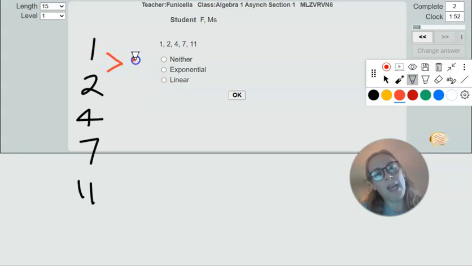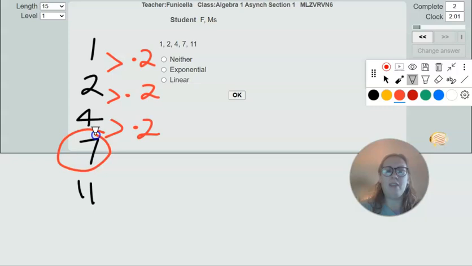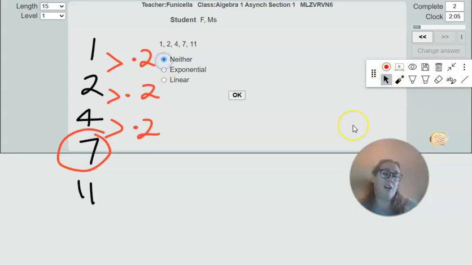If we think about multiplication, 1 times 2 is 2. 2 times 2 is 4. 4 times 2 is 8, and we have a 7 here. So this is actually not linear and not exponential. That does not follow a pattern of addition or of multiplication. So go ahead and hit neither and hit OK.